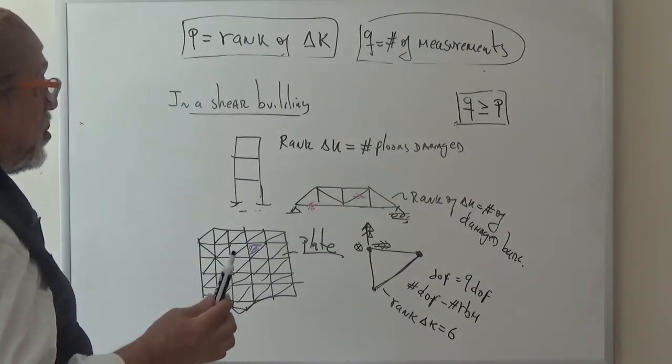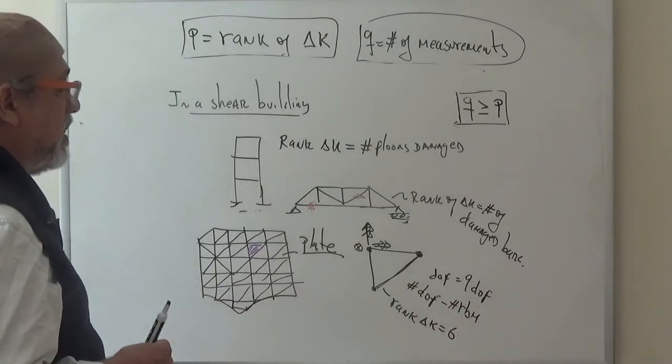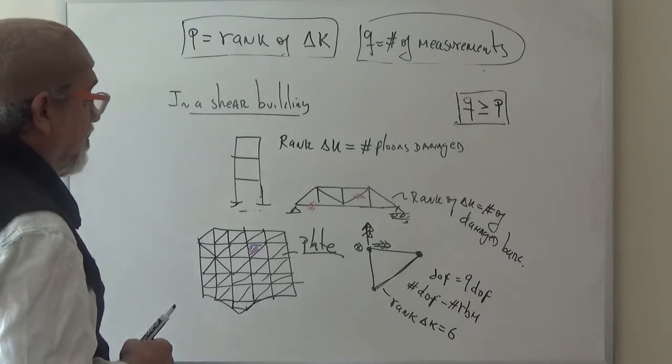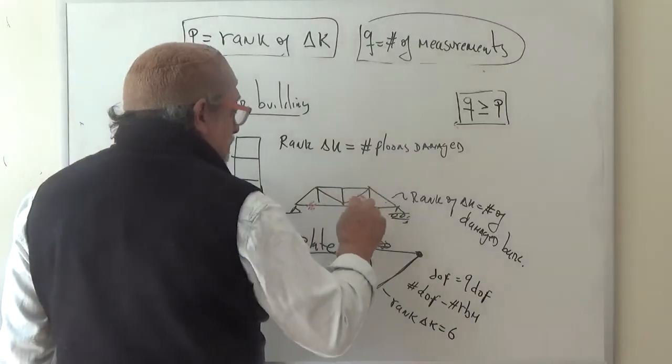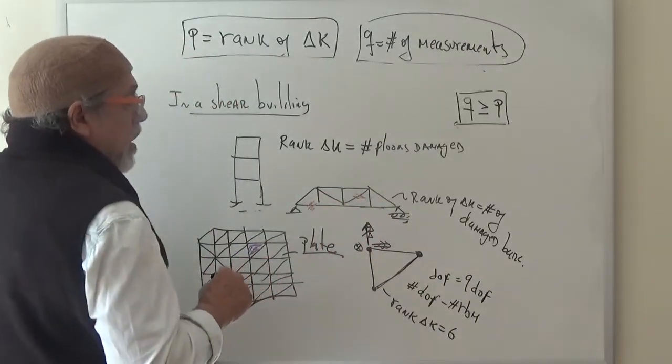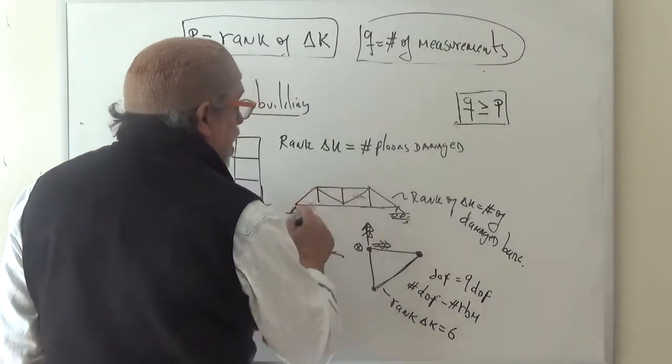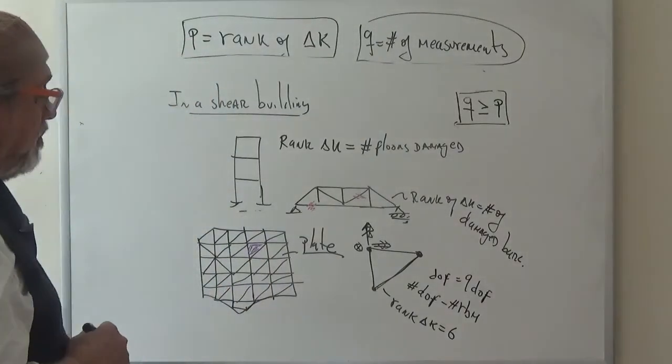We can say in general that the rank of the change in the stiffness is the sum of the degrees of freedom associated with this element minus the number of rigid body modes that each one of these elements has. Okay?